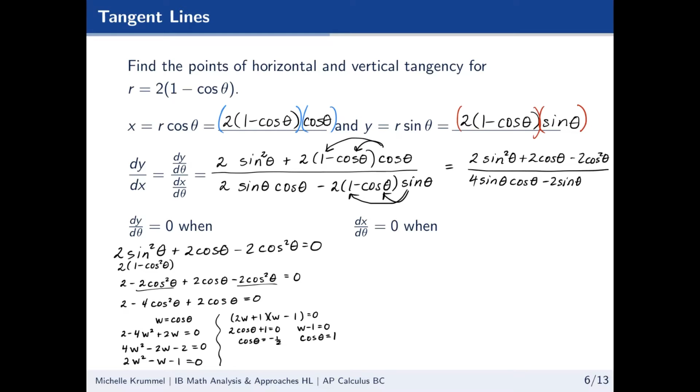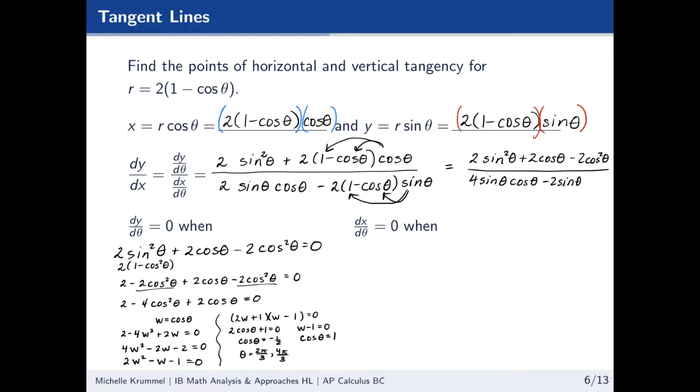So the cosine is negative 1/2 in quadrants 2 and 3. Reference angle 60 degrees, or pi over 3. So that's going to be pi minus pi over 3 and pi plus pi over 3. So theta equals pi minus pi over 3 is 2 pi over 3. And then pi plus pi over 3 is 4 pi over 3.